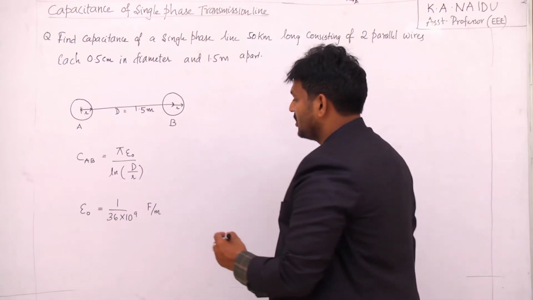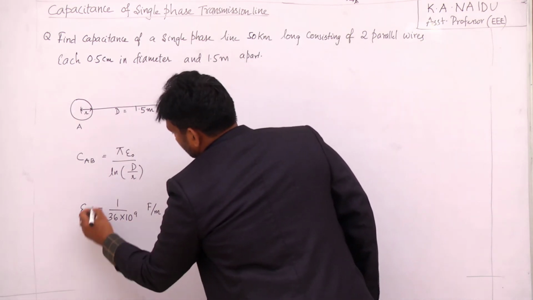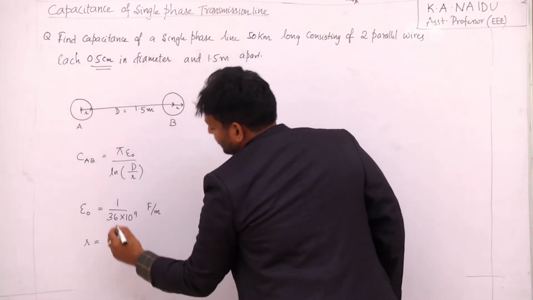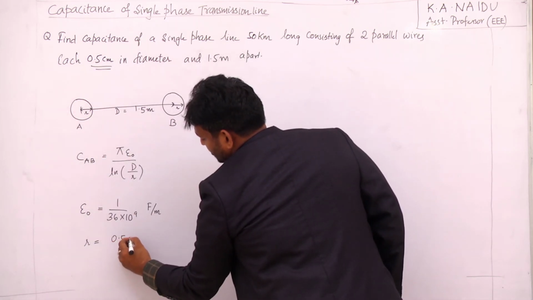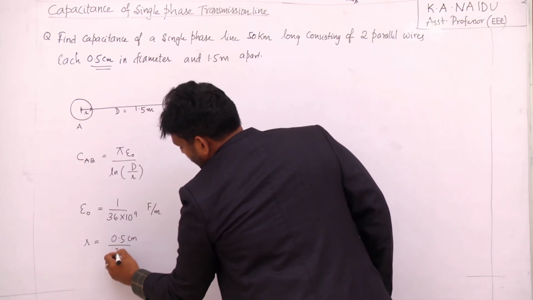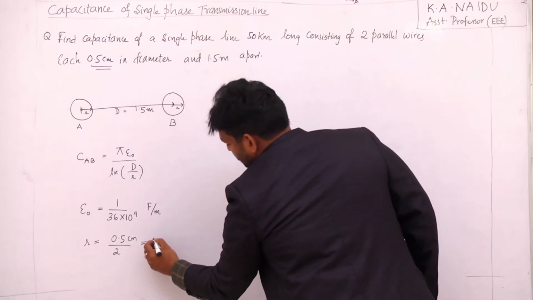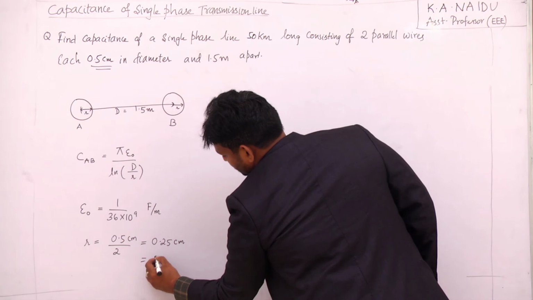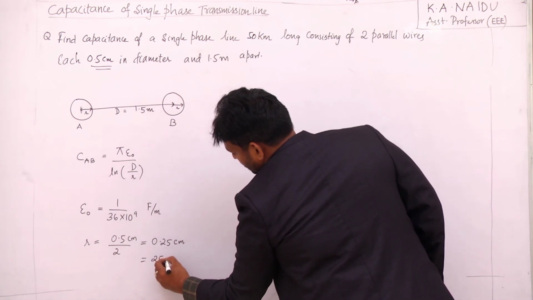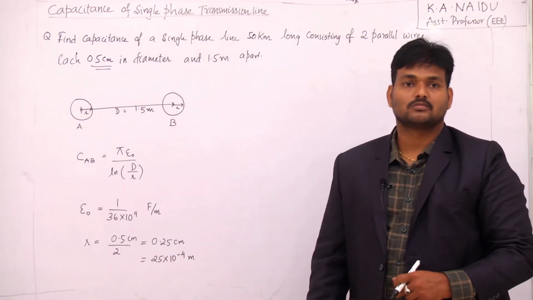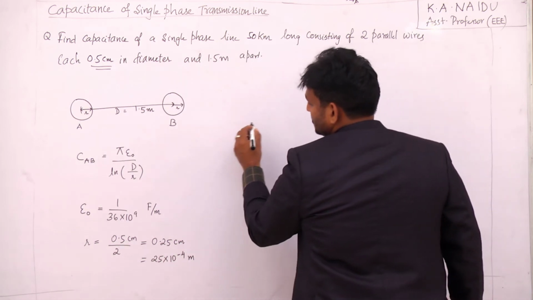Here the radius is half of the diameter. The diameter is given as 0.5 centimeters, so divided by 2, it is 0.25 centimeters, or 25 into 10 power minus 4 meters. So we substitute this.